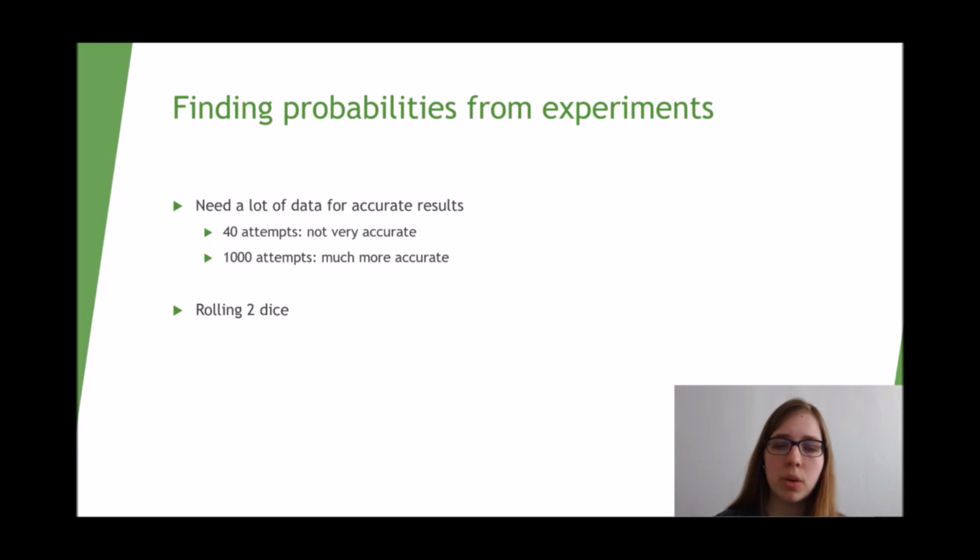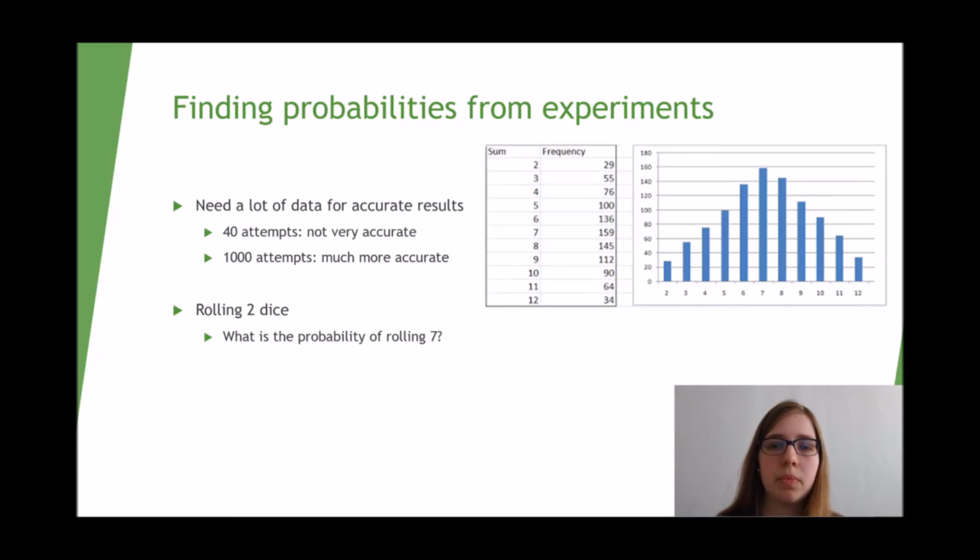So suppose I want to know the probabilities of rolling 2 dice, so 2 regular 6-sided dice. And I want to know maybe what is the probability that I roll 7 with these 2 dice. Well, here I have the results of a simulation where they have been rolled 1,000 times, and I see that 7 occurred 159 times.